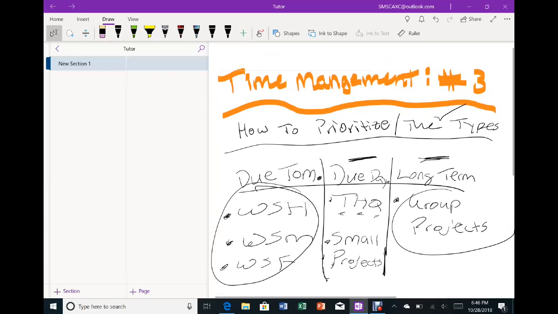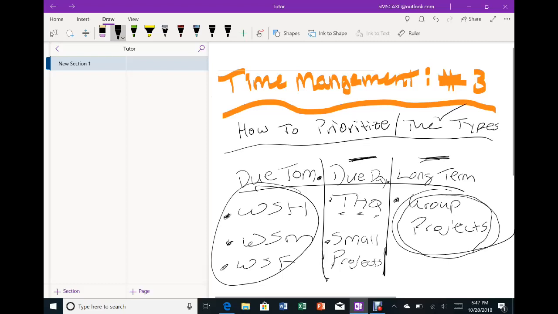Whereas a group project, you should not ever put these off, but you won't get a bad grade if it's not done the very next day. So these are typically going to have to be done the next day, done in a couple days, have the second most importance, and long terms have the third most importance.